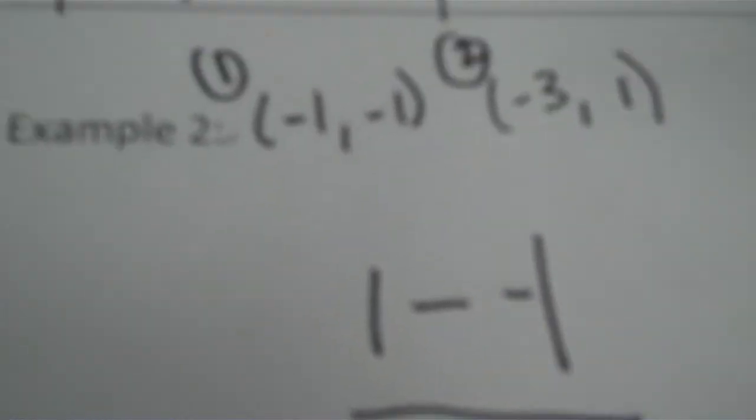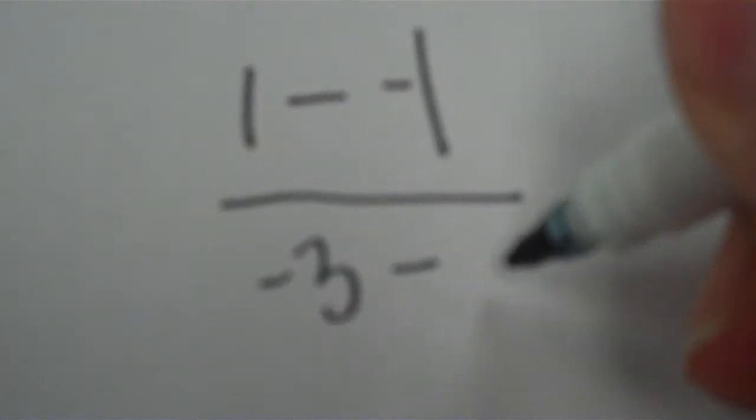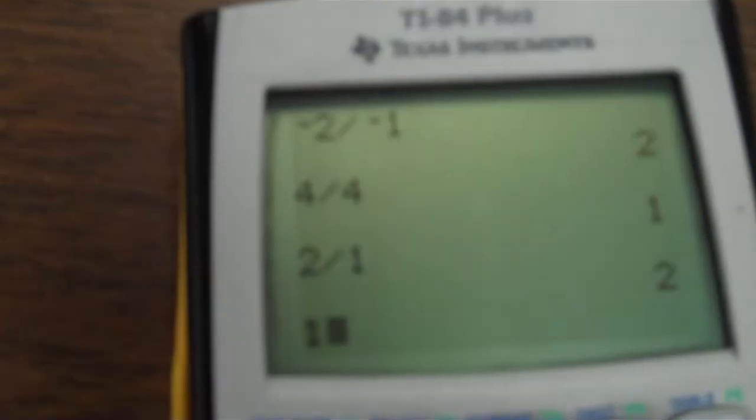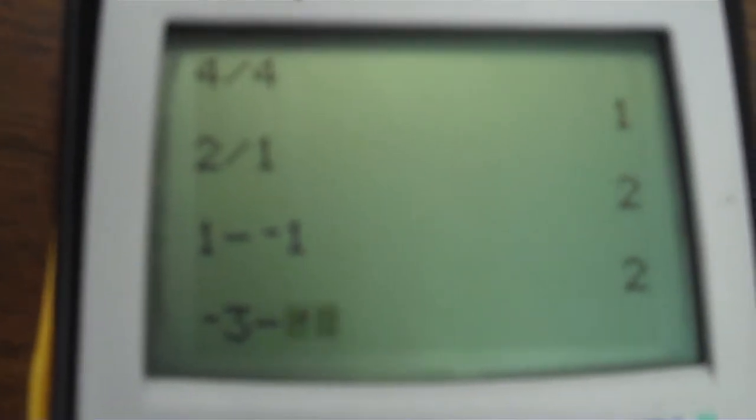And then divide by x2, which means I go to my x here, and it's -3, minus x1, which is -1. If this is hard for you, I would write your x's and y's underneath the points to keep it clear, however you want to write it. So I'm going to subtract 1 minus -1, and I get 2 because you're minusing a negative. And then -3 minus -1 is -2.